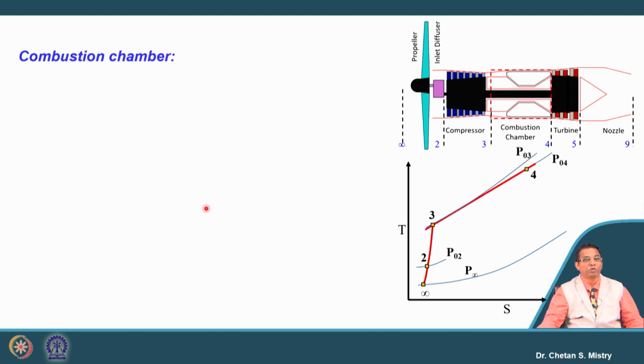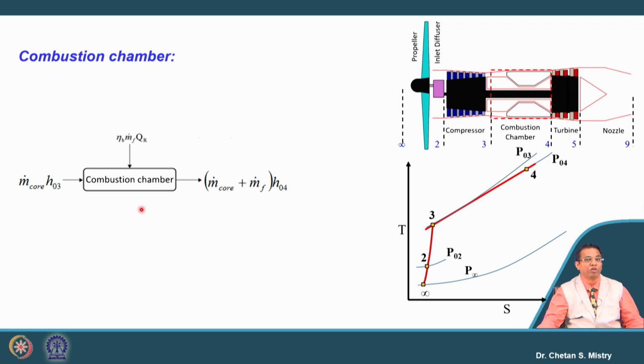Now let's move towards the next component, the combustion chamber, and for this combustion chamber we can draw the control volume. Here this represents the amount of heat we are inputting inside the combustion chamber, or the heat that is coming out from our compressor. It is given by m dot core into H03.